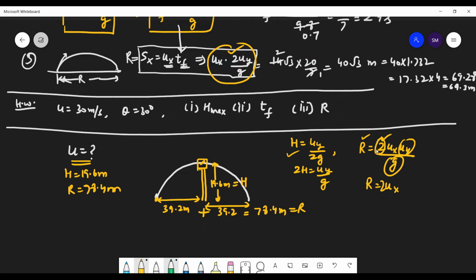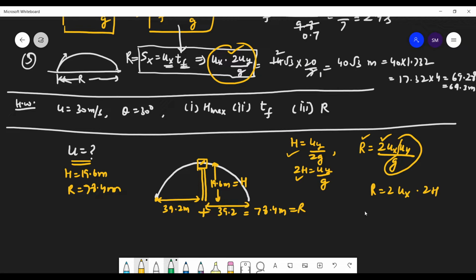So R is equals to 2 into ux into 2h, right?